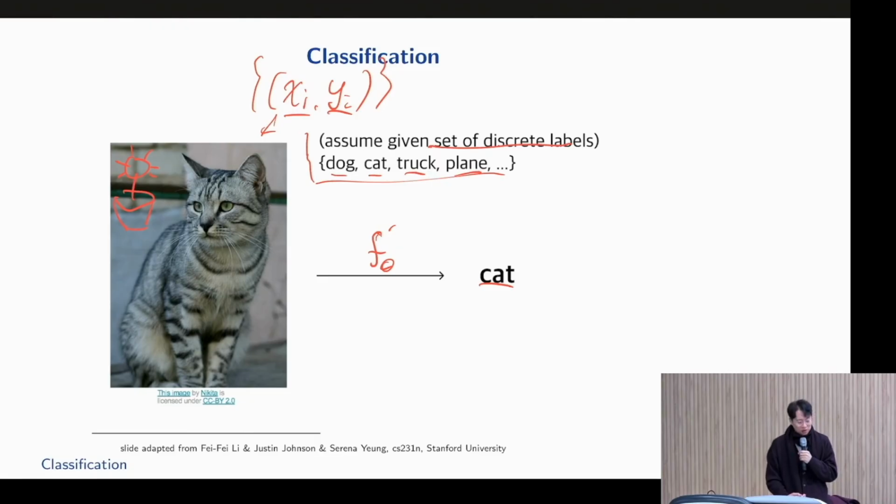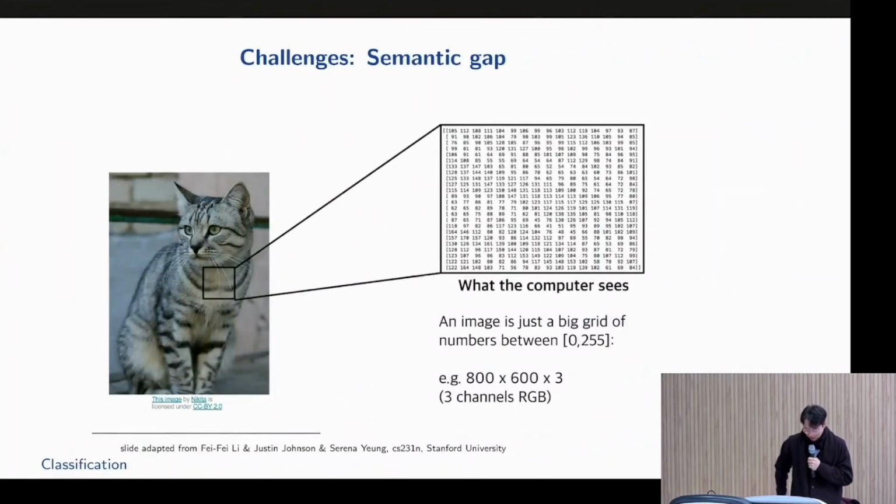It's like someone memorizing a previous year's exam, and when I change the exam, you completely fail the exam. We don't want this to happen, right? You want to understand the underlying mapping between image space and some label space, right?